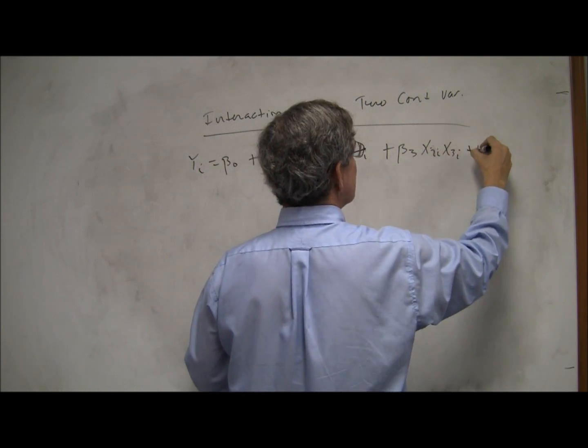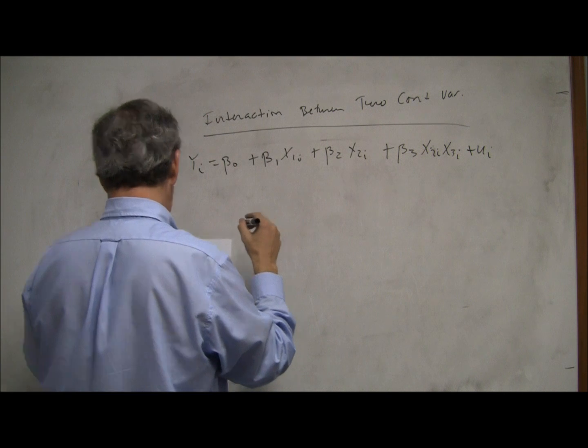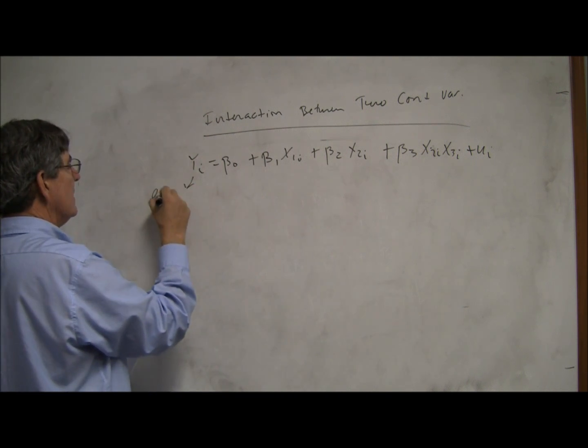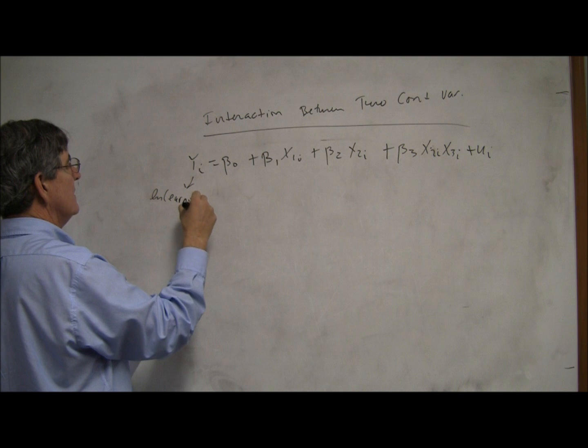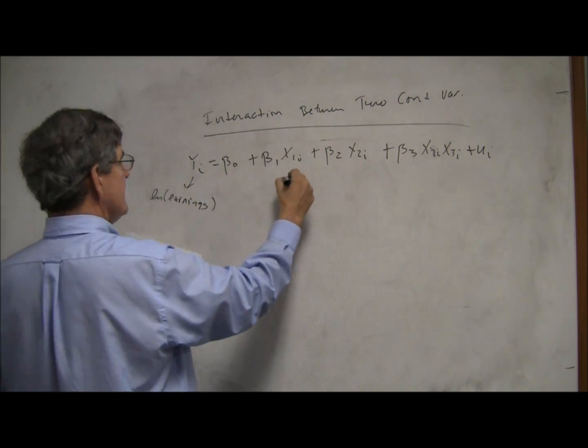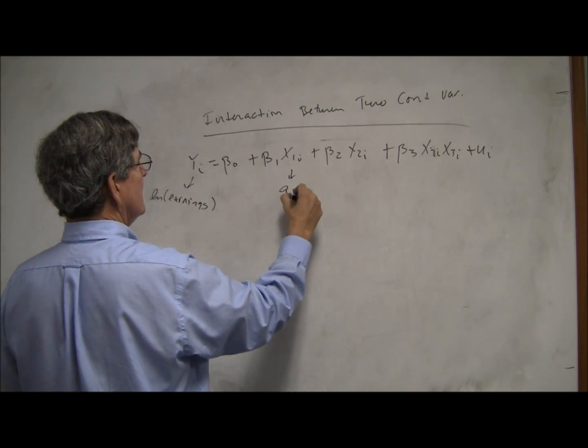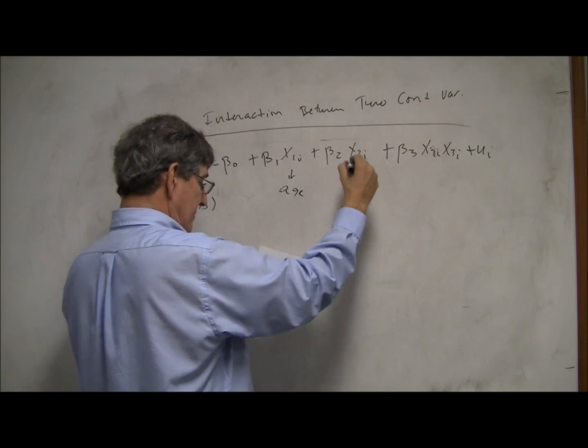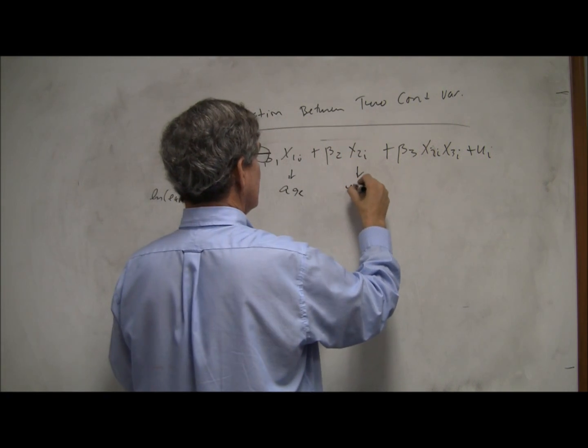That's the interaction, plus u_i. Where again, y could be log earnings for person i, x_1 might be age, and x_2 might be years of schooling.